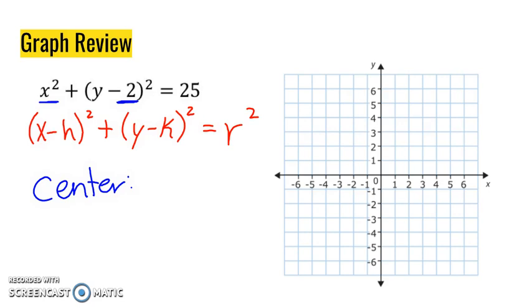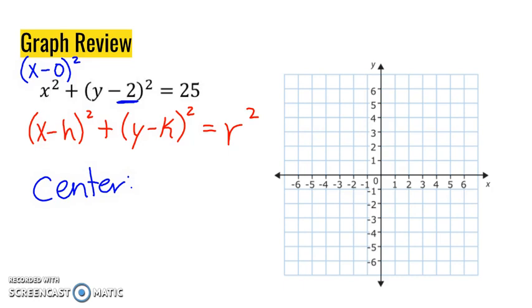Well, if I think about how I would write x squared in standard form, it'd have to be x minus something squared. So what would that something be? x minus what would equal x? Just an x. 0. Okay, x minus 0 squared would equal just an x squared, because x minus 0 is just x.